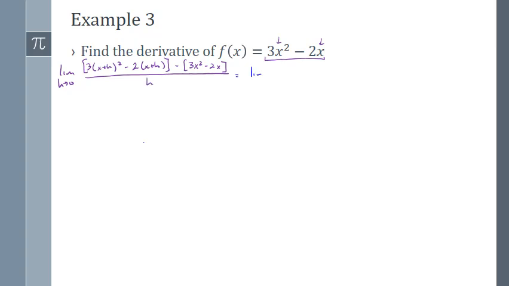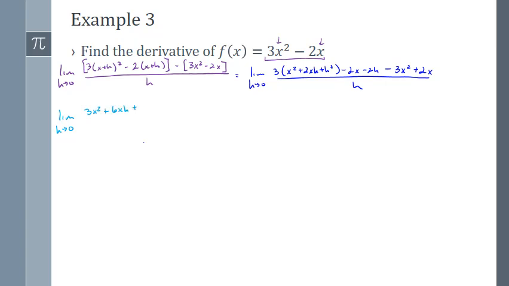Start to simplify this down. Limit as h goes to 0 of 3 times x squared plus 2xh plus h squared, minus 2x minus 2h, minus 3x squared plus 2x, all over h. Going to distribute that 3. So I've got 3x squared plus 6xh plus 3h squared minus 2x minus 2h minus 3x squared plus 2x, all over h.